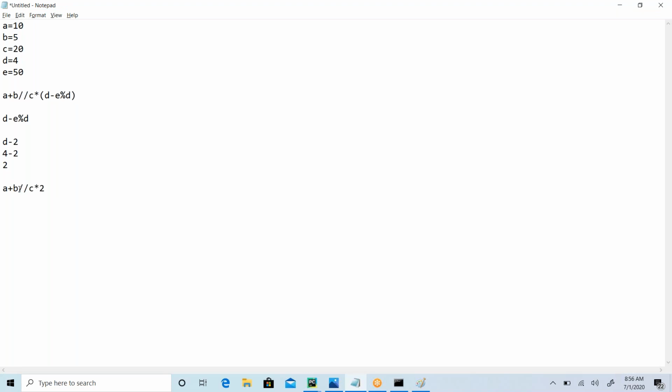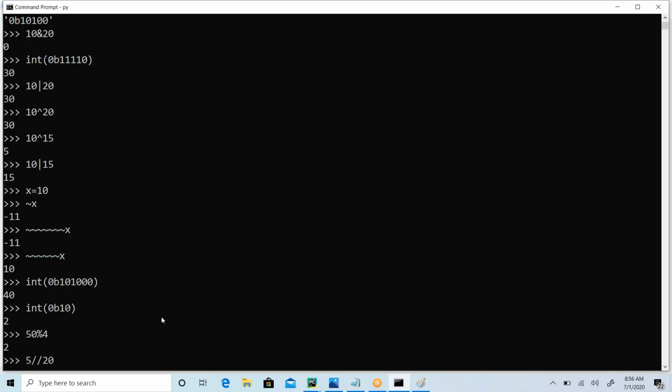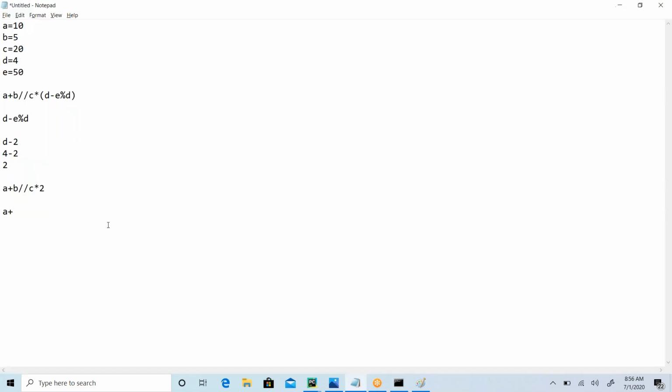When operators are at the same level, you go from left to right. So b floor division c: what is the value of b? 5. c value is 20. So 5 floor division 20 is 0. Then 0 star 2 is what? 0. So ultimately, what is the value of a? 10.